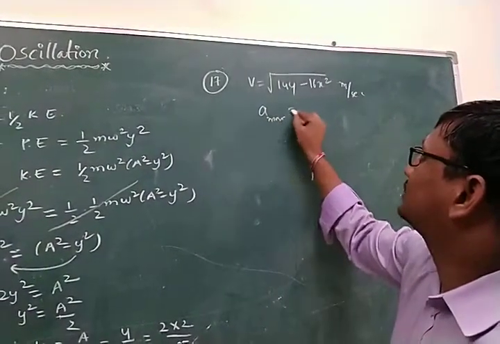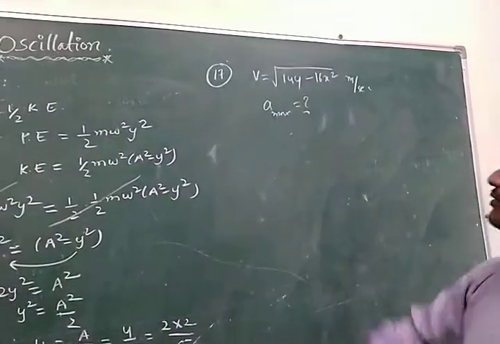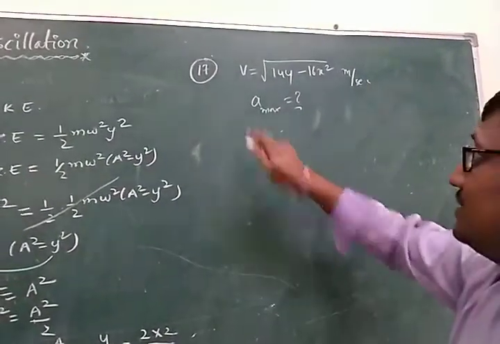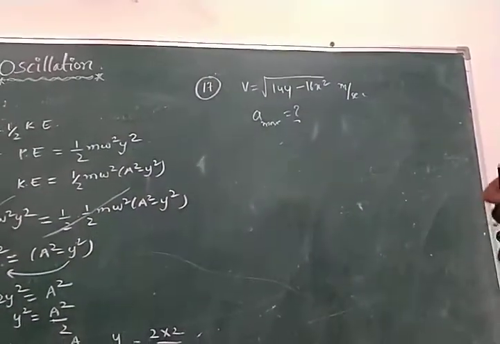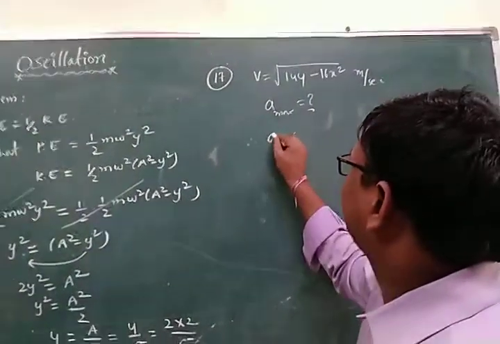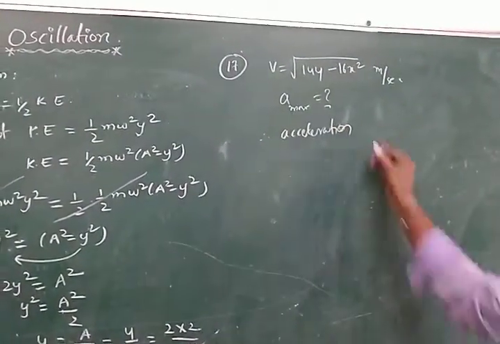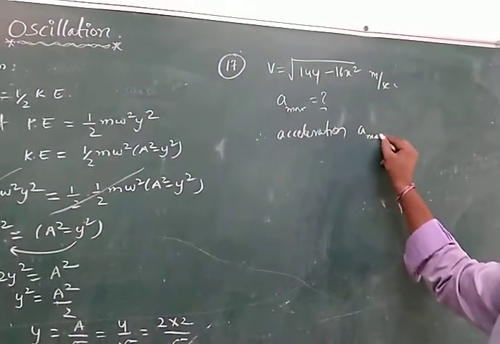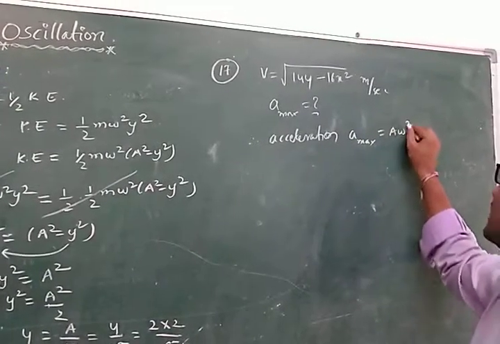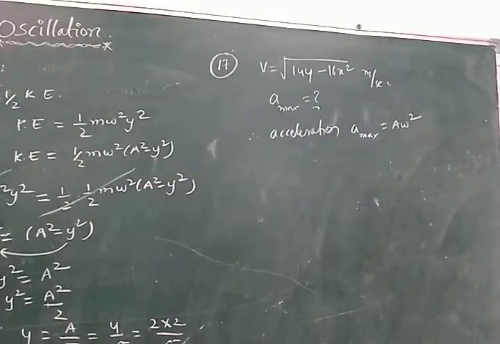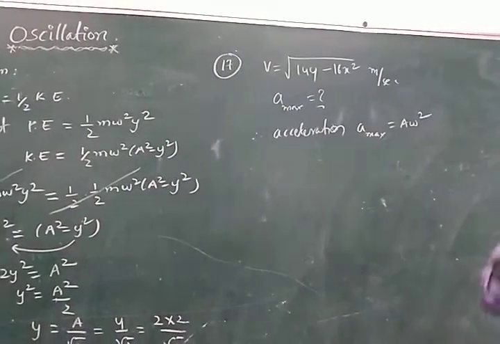The maximum acceleration is given by a omega square, where a is the amplitude and omega is the angular velocity or angular frequency.